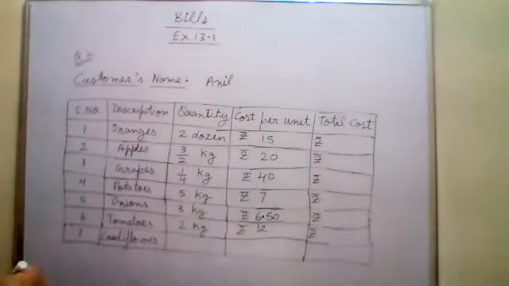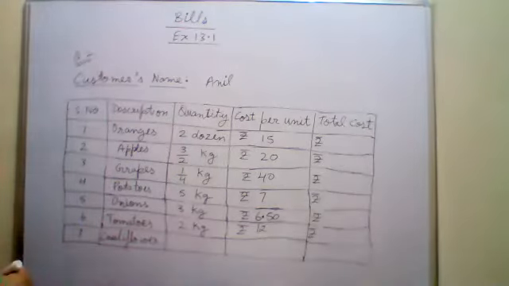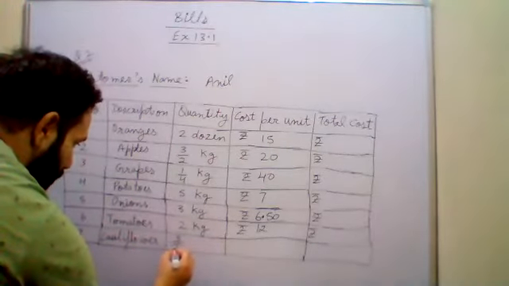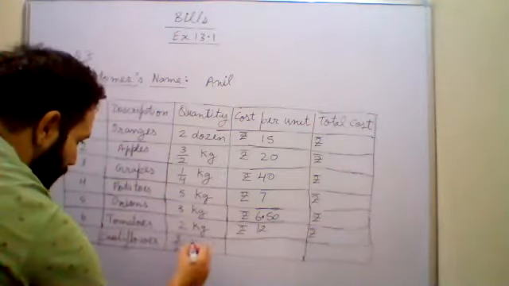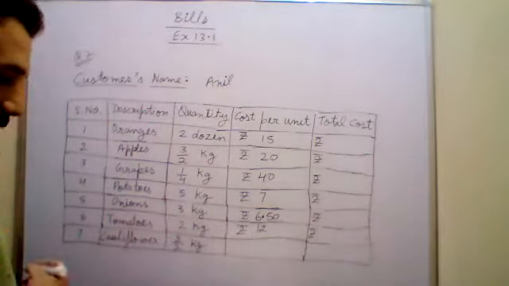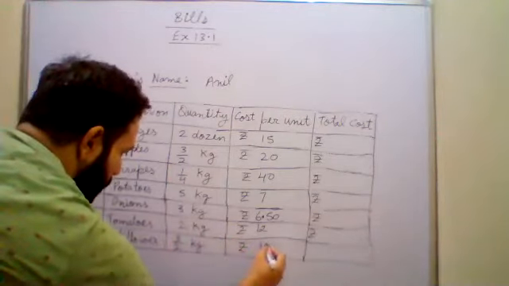What is cauliflower? Gobi is called cauliflower. He bought 1 1/2 kgs, that is 3/2 kgs of cauliflower, at rupees 15 per kg.